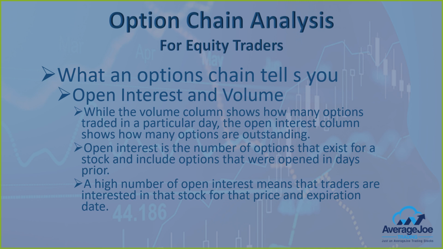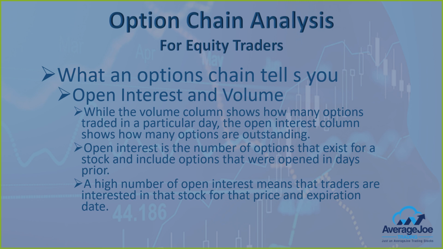So open interest is the number of options that exist for a stock and includes options that were opened in days prior. So everything we see today on the chart we're going to look at is not just what executed today.